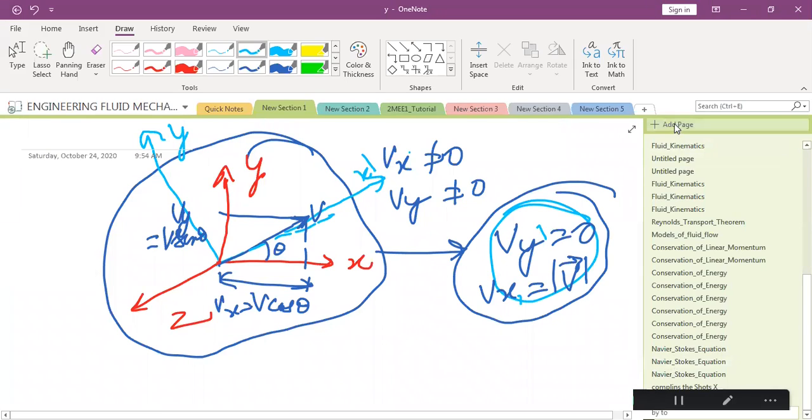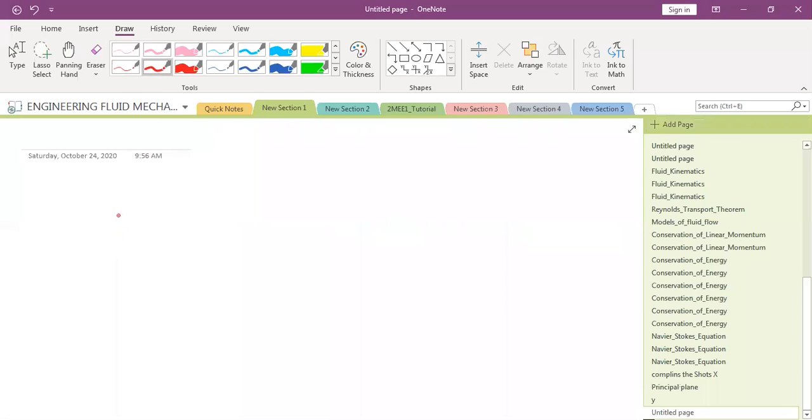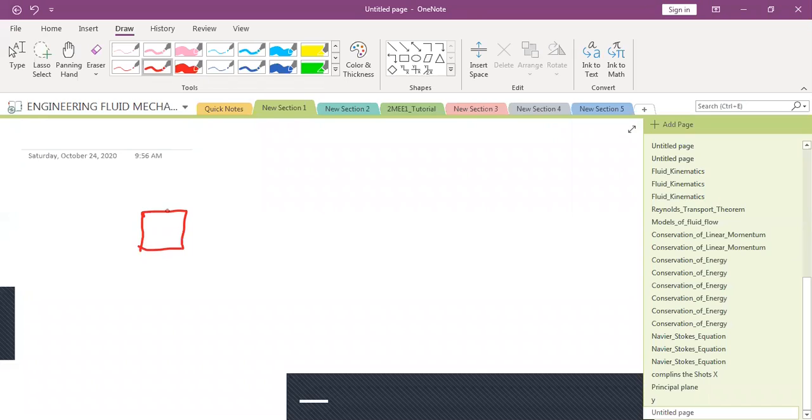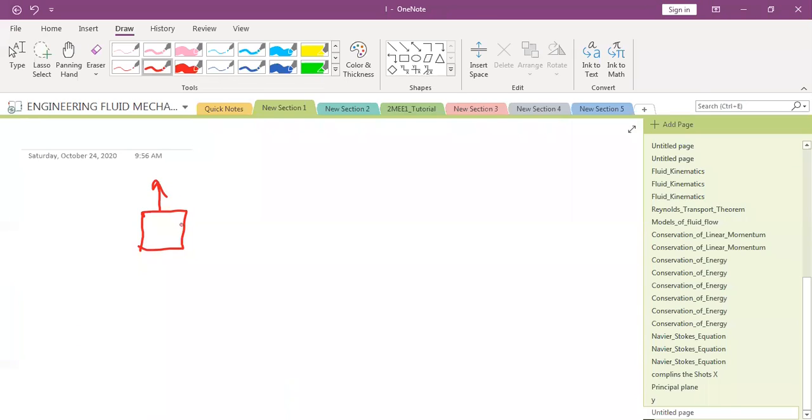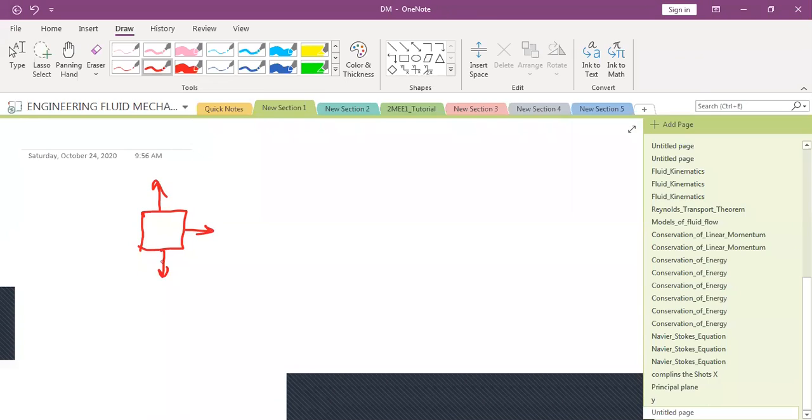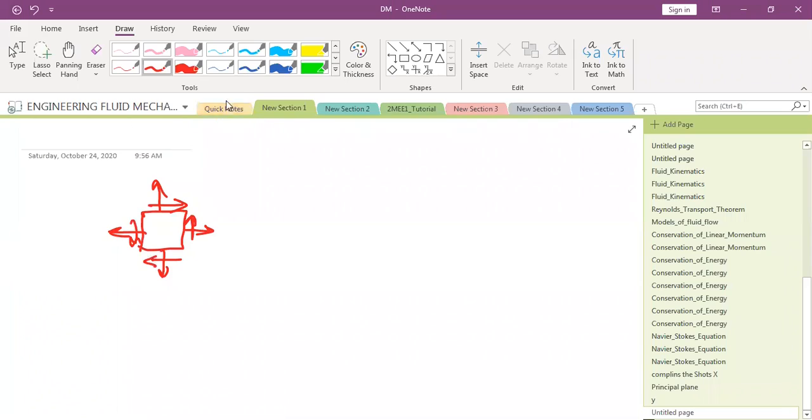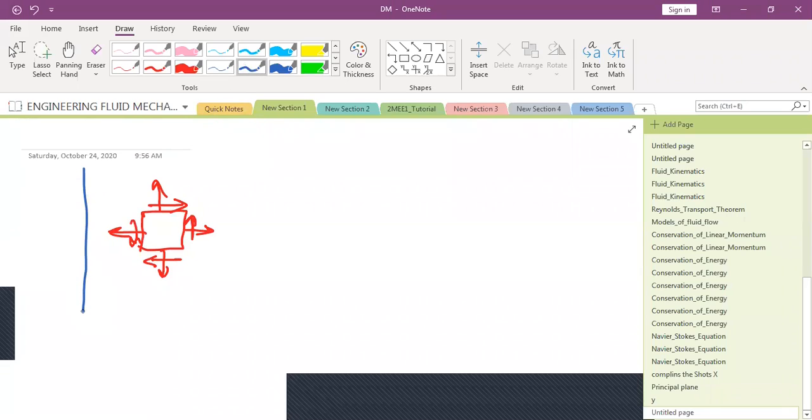So likewise, with the same philosophy, if this was the case, I am drawing here without writing down the values itself, I am only drawing the arrows. This was in the XY coordinate system.